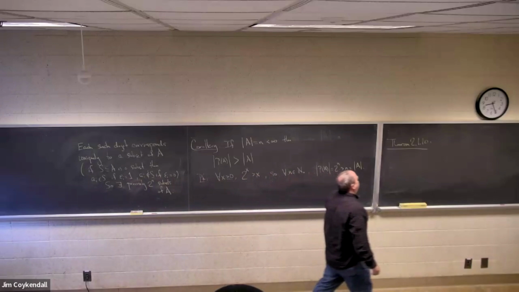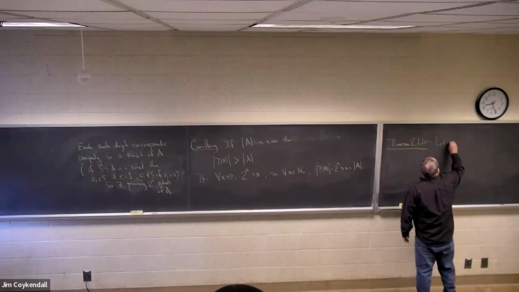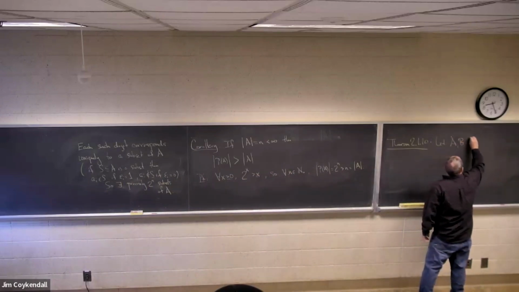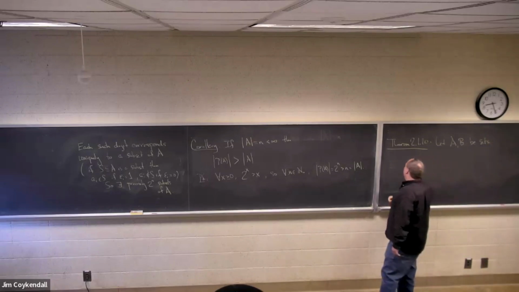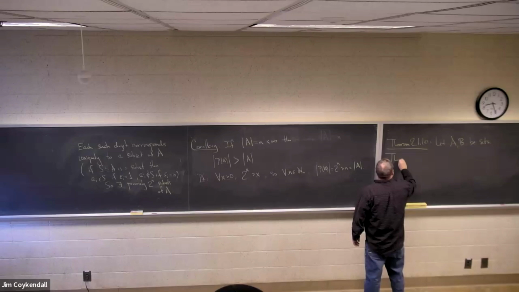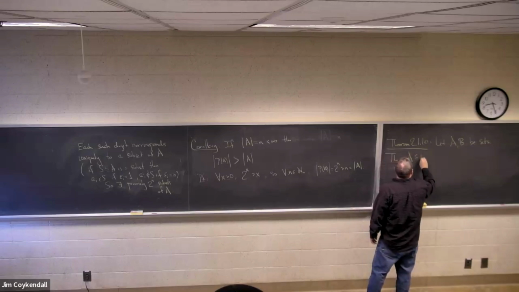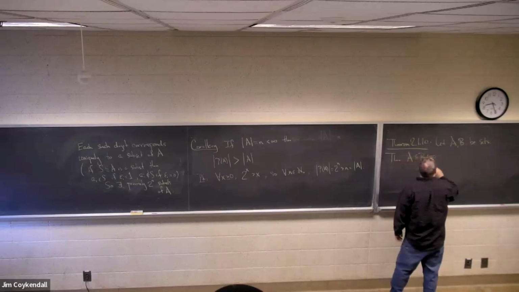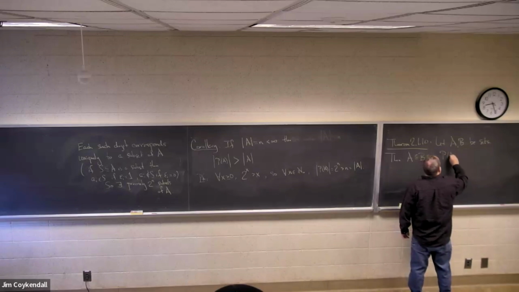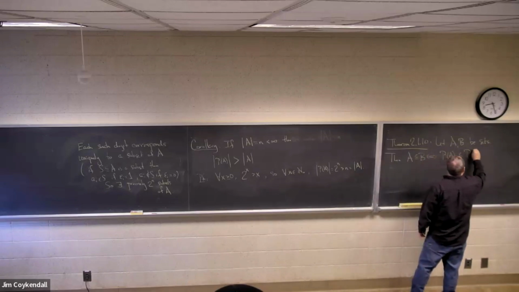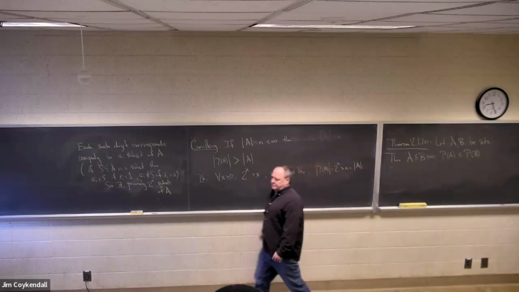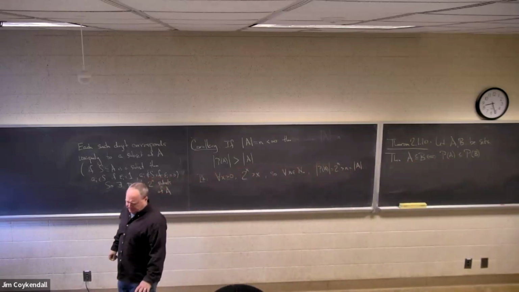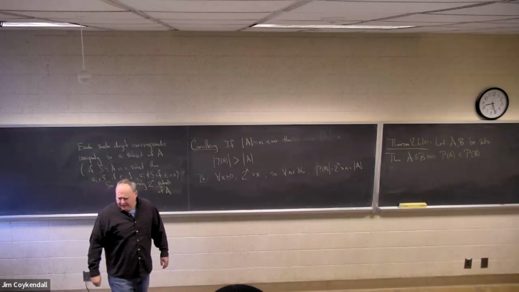Let A and B be sets. Then A is contained in B if and only if the power set of A is contained in the power set of B. Okay.